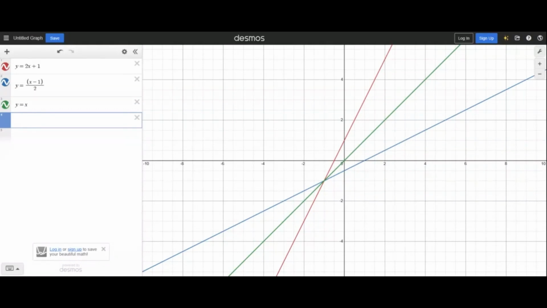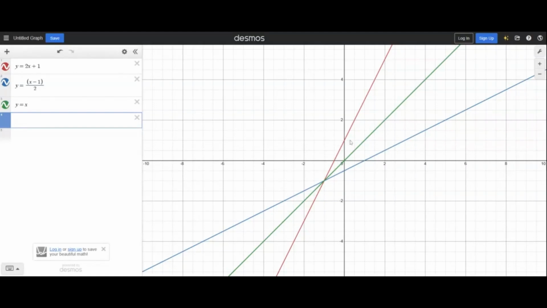The function you see in blue is the inverse function (x minus 1) over 2. And the line in green is the line y equals x. The goal of showing that line in green is only to show you that the two graphs are symmetric with respect to the line.